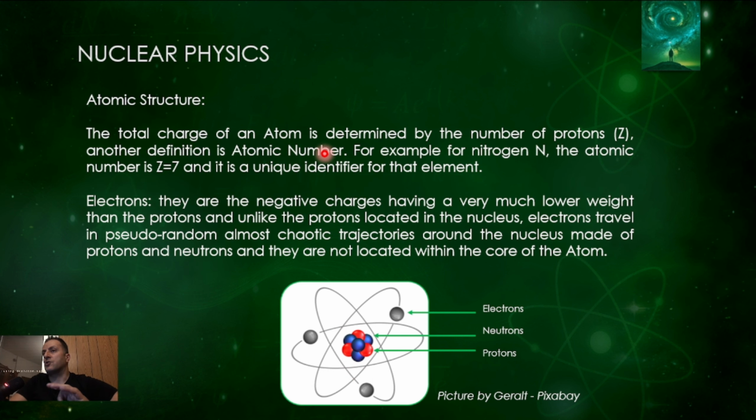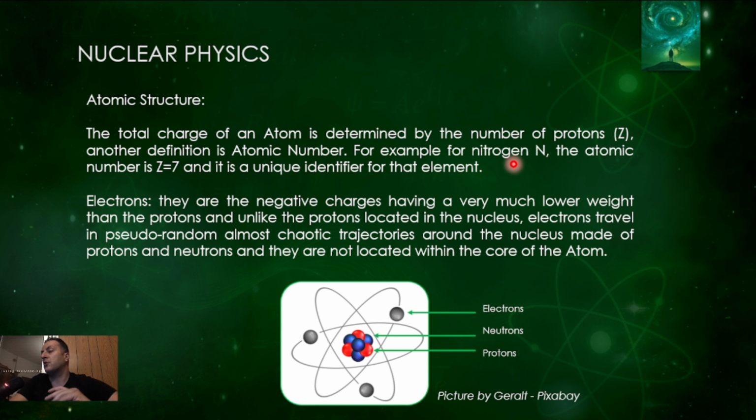The total charge of an atom is determined by the number of protons, Z, the positively charged particles, another definition of the atomic number. So this is what determines the total charge of the atom.